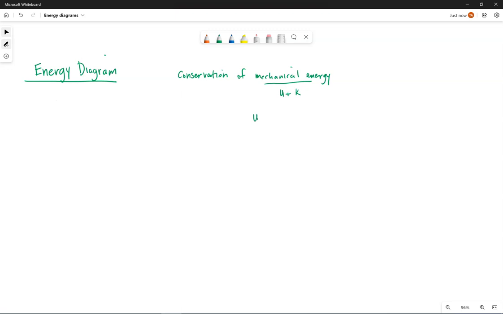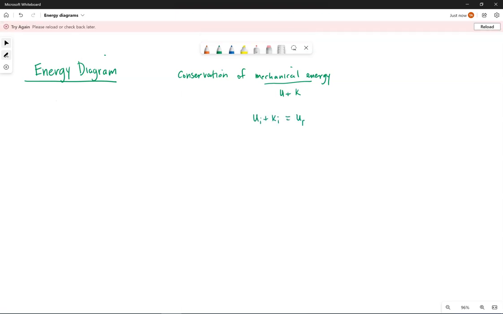So energy diagrams are useful when we can simplify our conservation of energy to be just the initial potential and kinetic energy of the system equal to the final potential and kinetic, the sum of those. For example, I brought it up earlier when we talked about tossing a ball in the air.